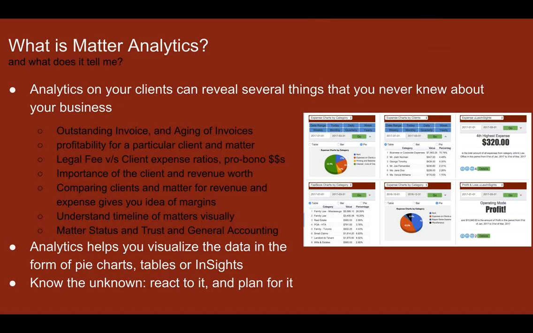While you choose different widgets here with different analytics that you want to look at, it is important that you generate certain things like the client and revenue and expenses, fee versus expense, client expense, pro bono if there was anything, just to understand where you stand as a firm and understand how these matters work, what is the timeline, how long has it been outstanding if there's anything, and then matter status and trust and general accounting too.